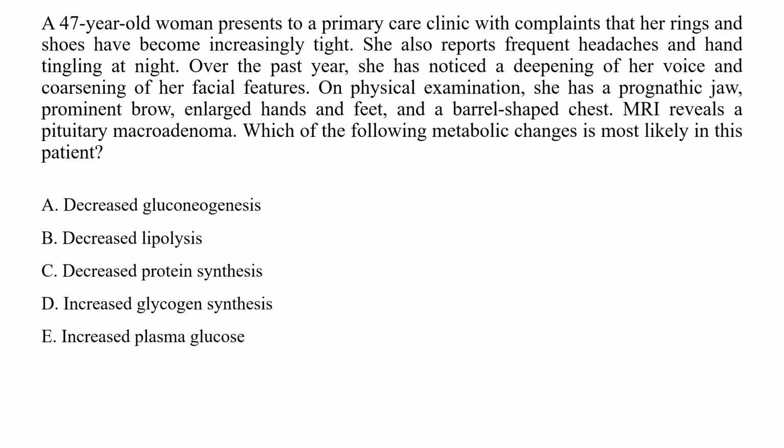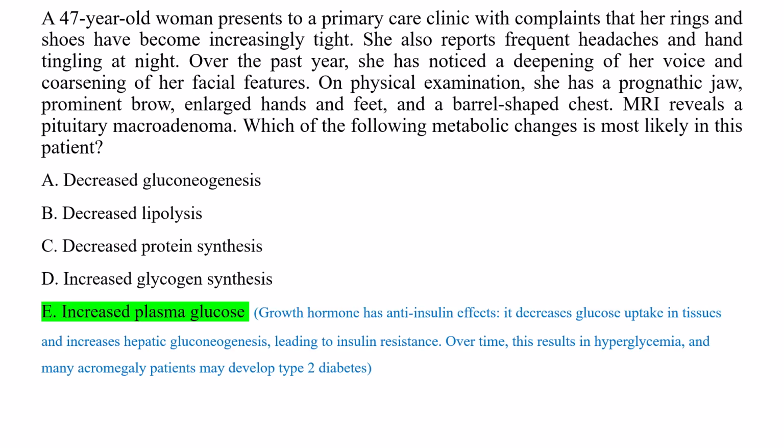The options given here are A, decreased gluconeogenesis, B, decreased lipolysis, C, decreased protein synthesis, D, increased glycogen synthesis, E, increased plasma glucose. The correct option here would be E, and that is because growth hormone has anti-insulin effects.